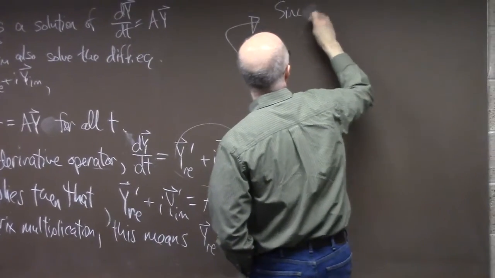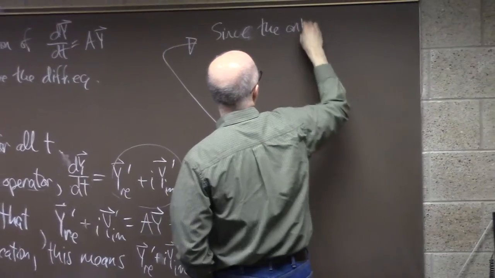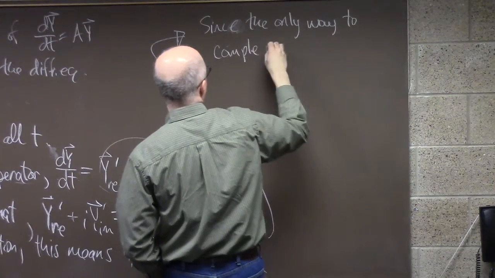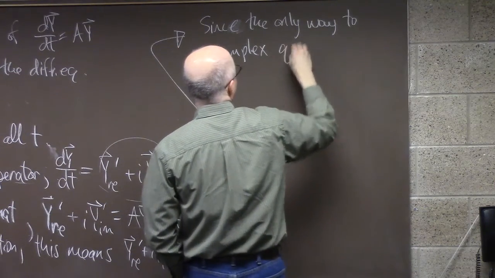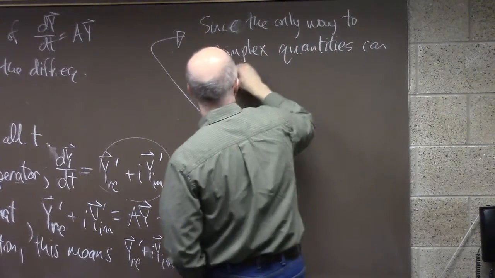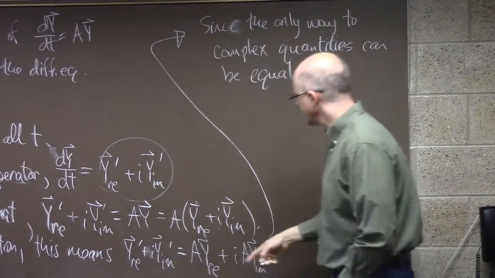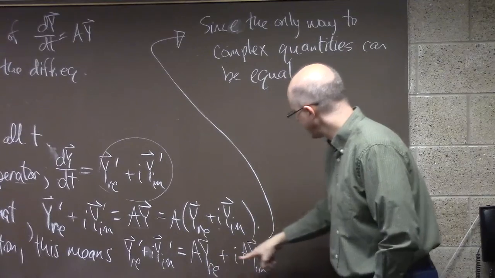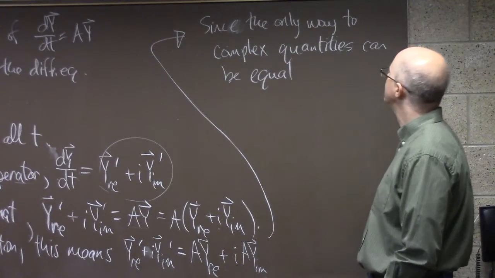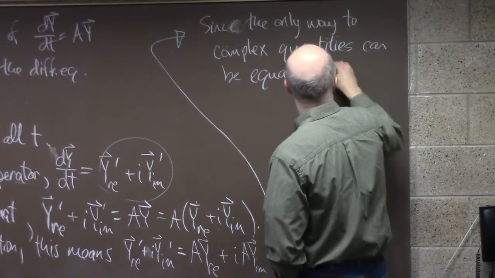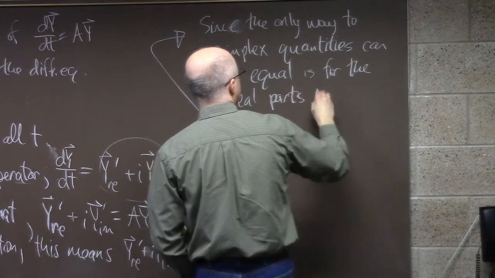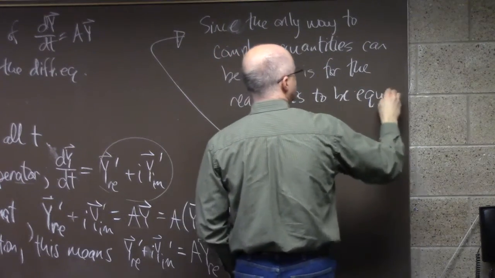Since the only way two complex quantities, whether they be numbers or vectors, in this case they're vectors, can be equal, again under the assumption that the thing there and the thing next to the I are actually real, no imaginary numbers inside them, is for the real parts to be equal and the imaginary parts to be equal.